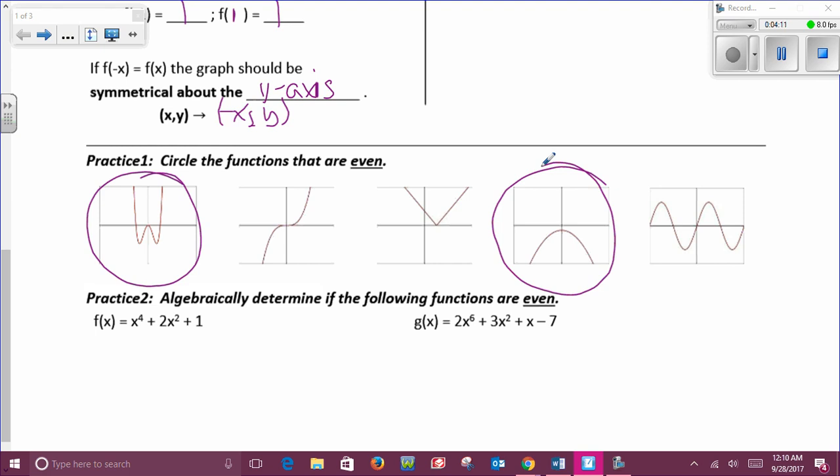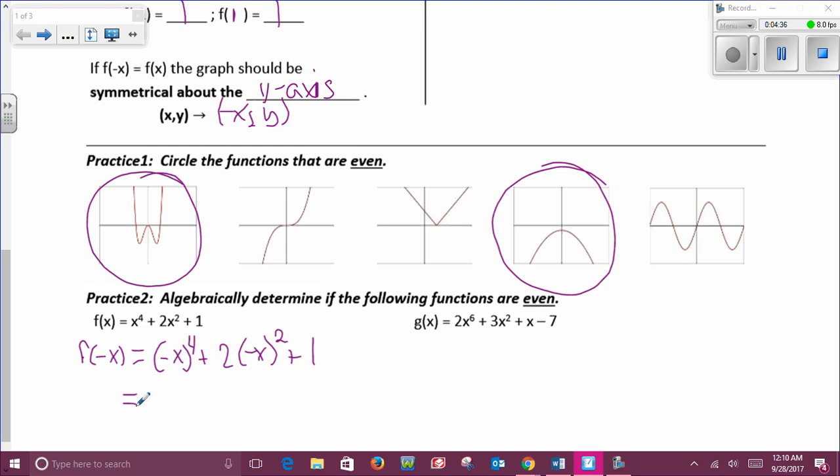So algebraically determine if the following functions are even. What I need to do is substitute in negative x for x. So f of negative x equals negative x to the fourth plus 2 times negative x to the second plus 1.